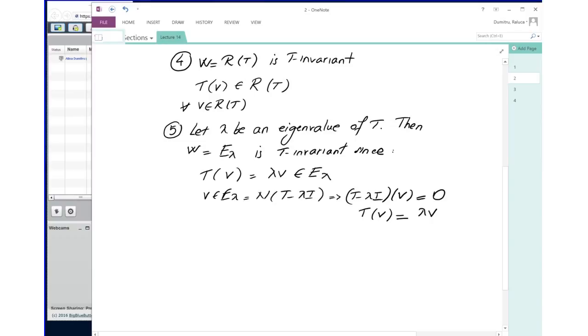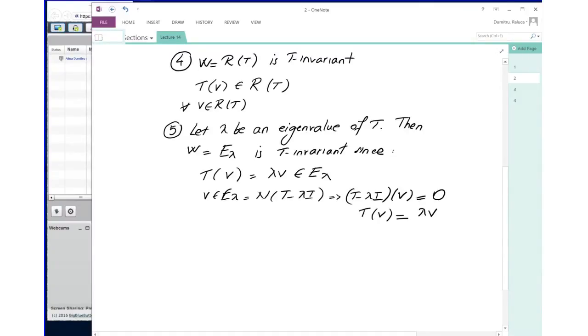The span of the following set of vectors, x, T of x, T squared of x, where by squared we mean T of T of x, not multiplication, composition. Then T cubed, T composed with T 3 times. I'll do this infinitely many times. So all the powers through composition of T will be in that set.